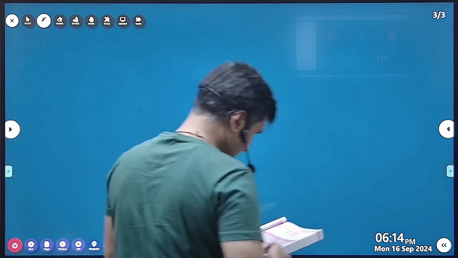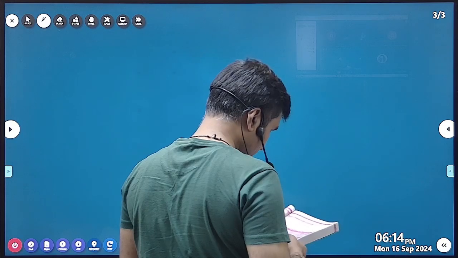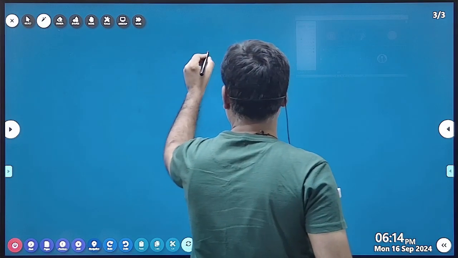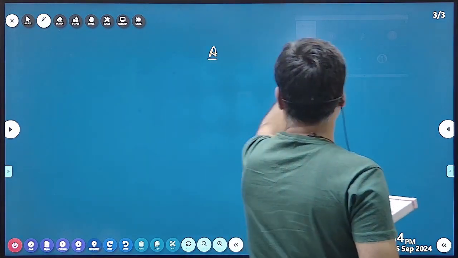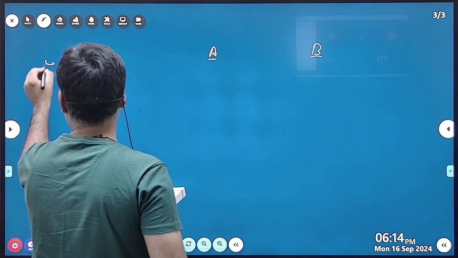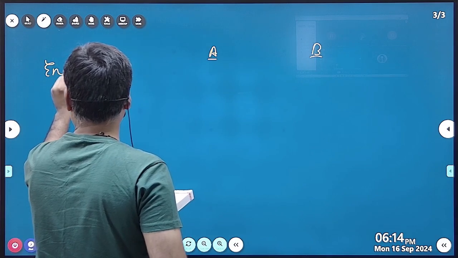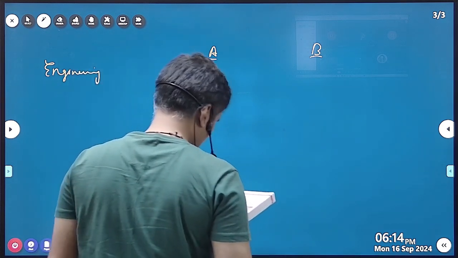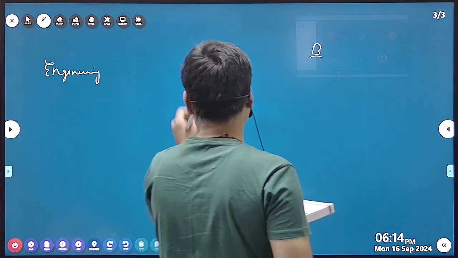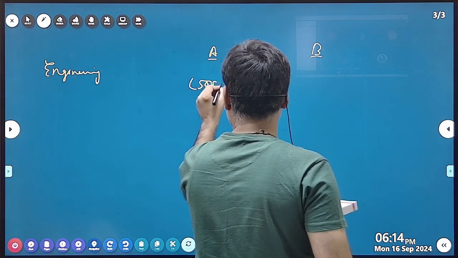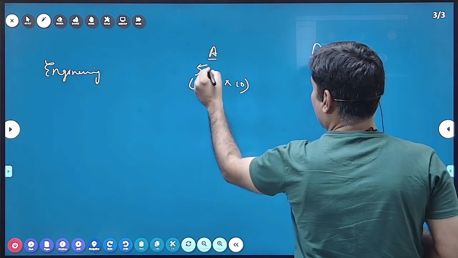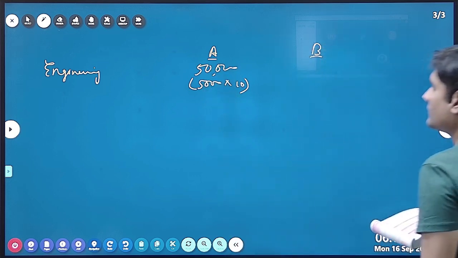Next what do we have to find out? Overhead for A and B. Engineering. For A it is how much? 5,000 into 10, right? 50,000.